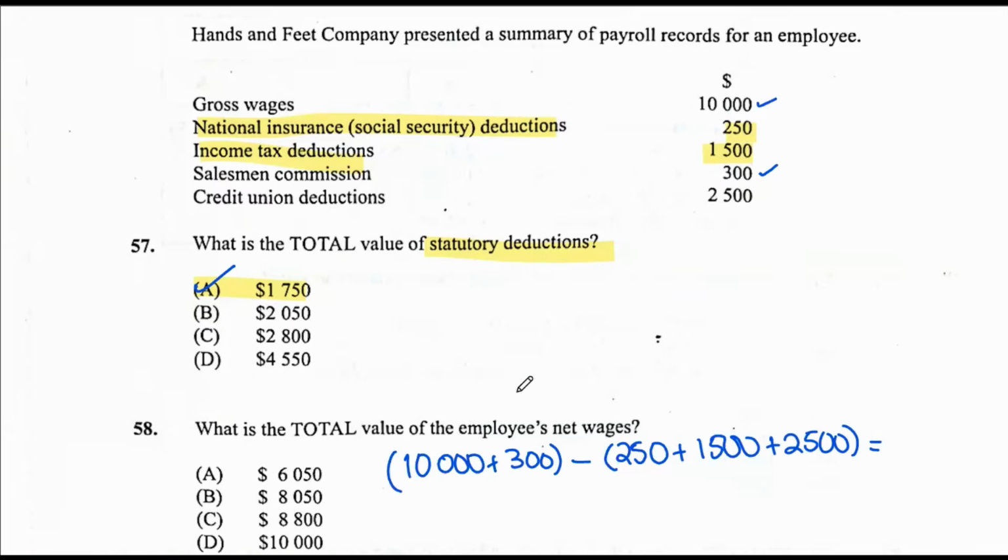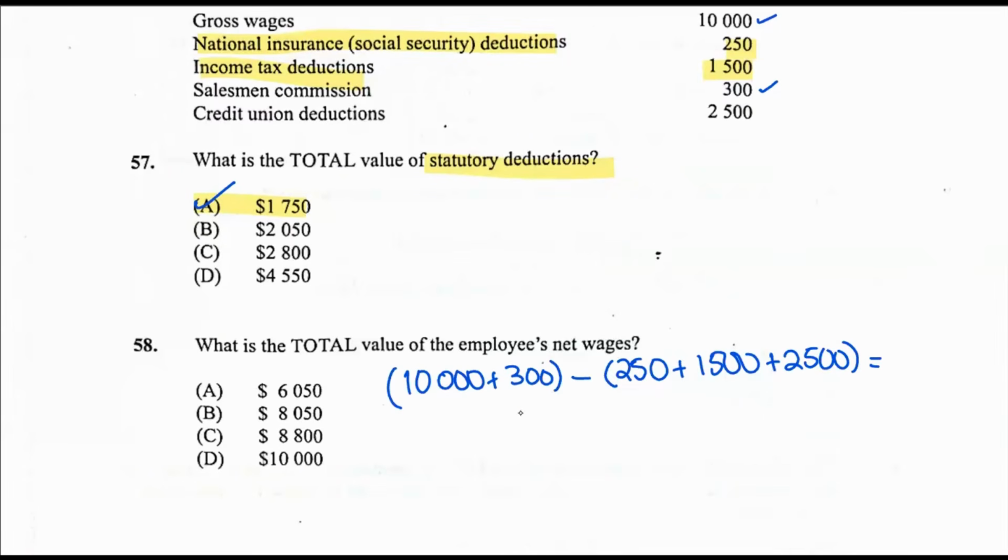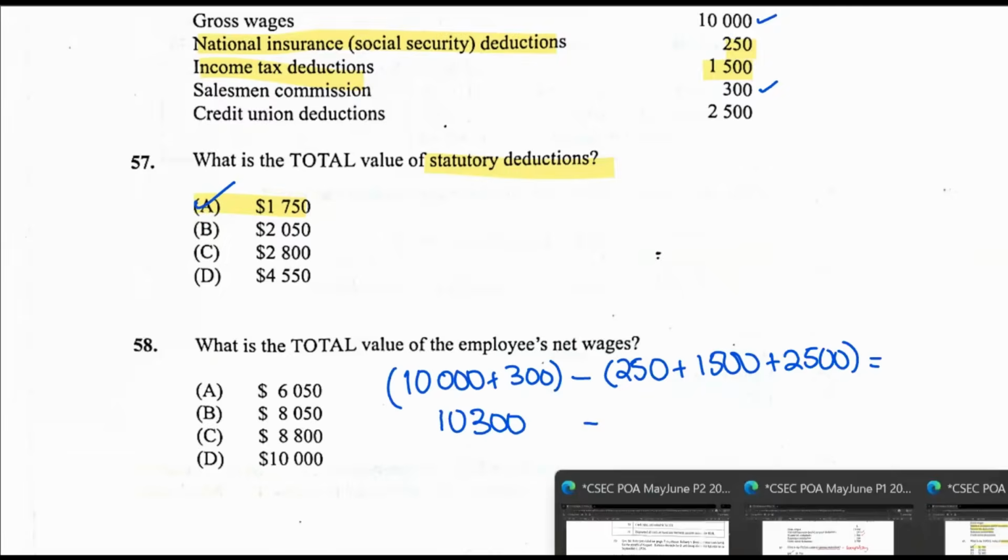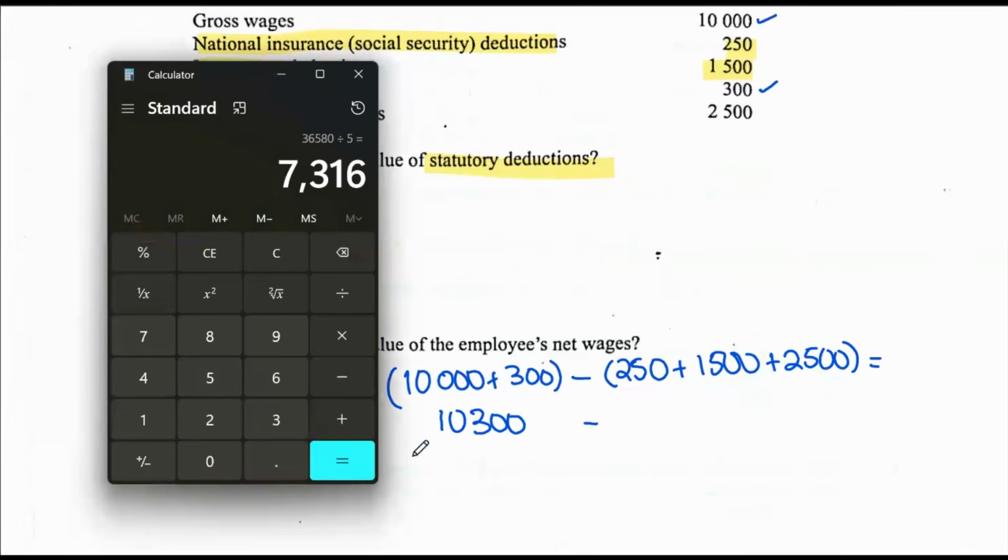Alright, let's see what that's going to work out to be, guys, right? That's 10,300 here. Subtract $4,200.